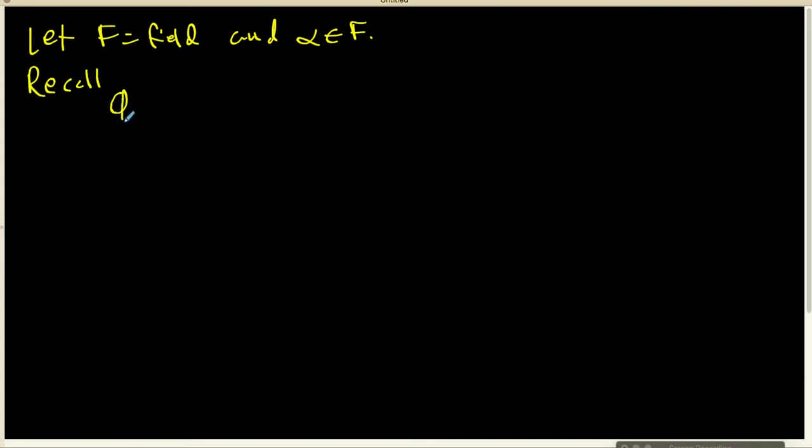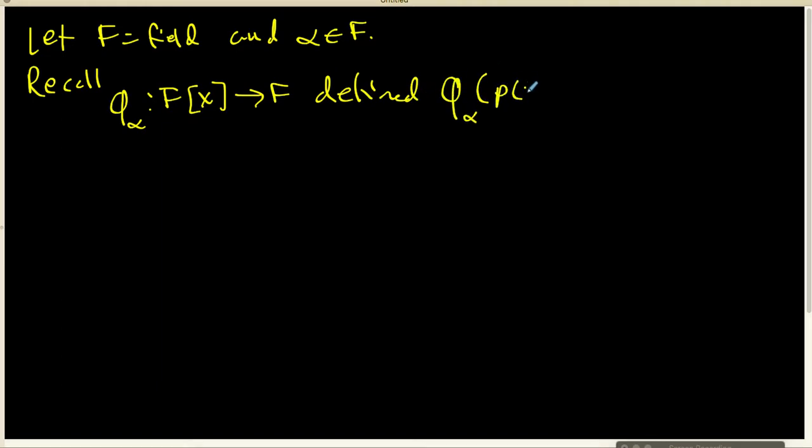So we're going to let F be a field, and we're going to let alpha be any element of F. And I want to recall that phi sub alpha going from F[x] to F, defined by phi sub alpha of p(x) is just p(alpha), is a ring homomorphism.